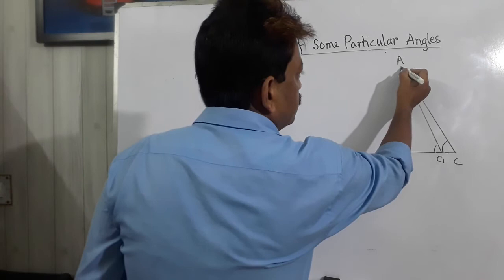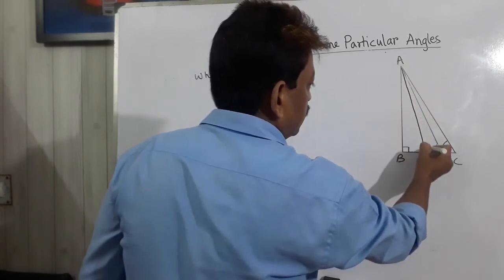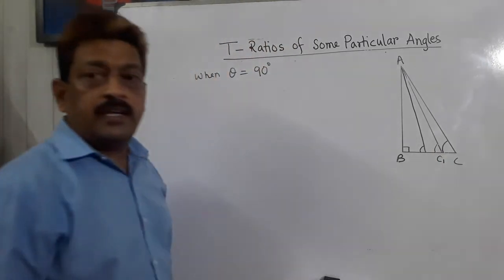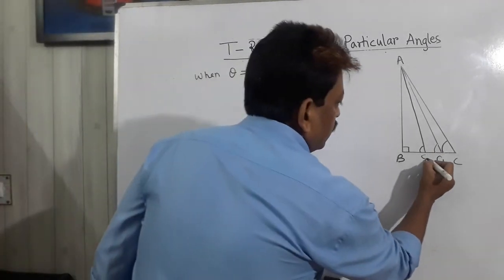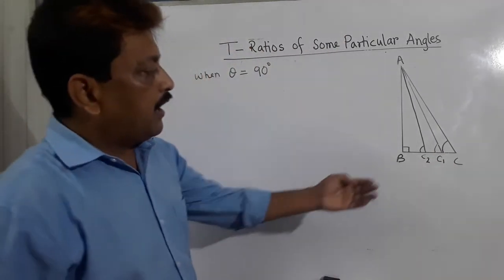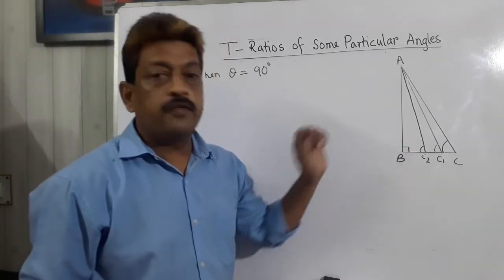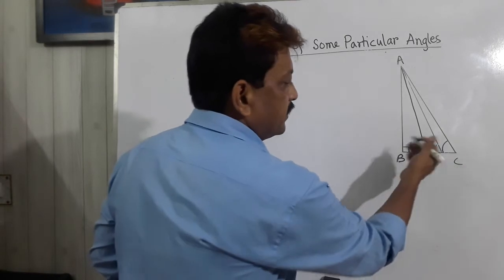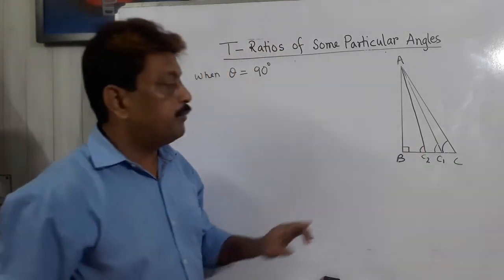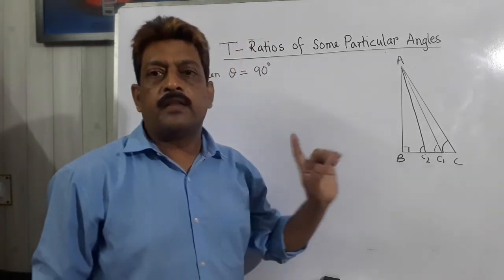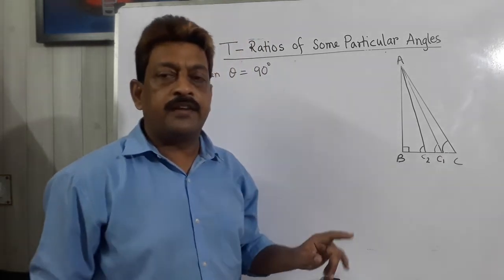So if C moves further towards B, then the value of theta will increase a little bit more, and in this way, as much as C moves towards B, the value of theta will go on increasing, and a time will come when C just coincides with B, and the angle will become 90 degree.